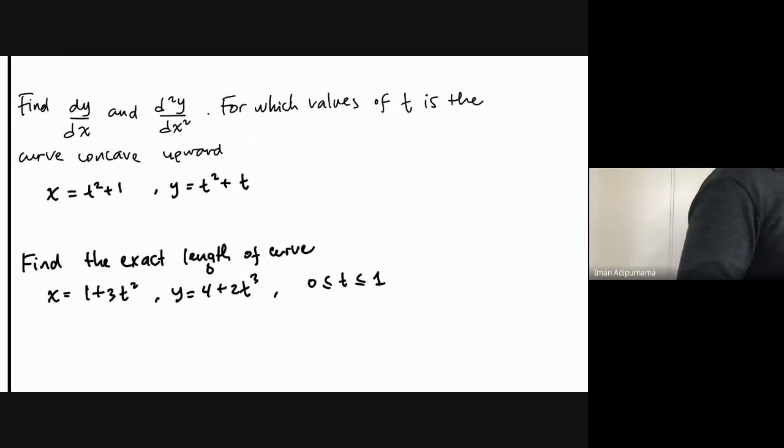So the first question is asking the tangent and the concavity, and the second question is the arc length.